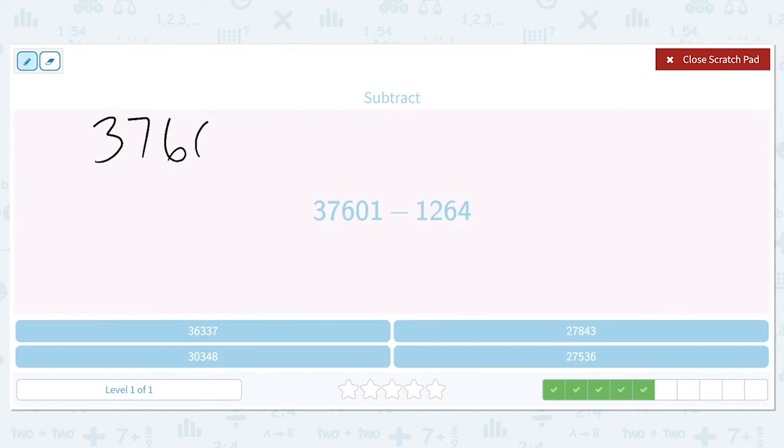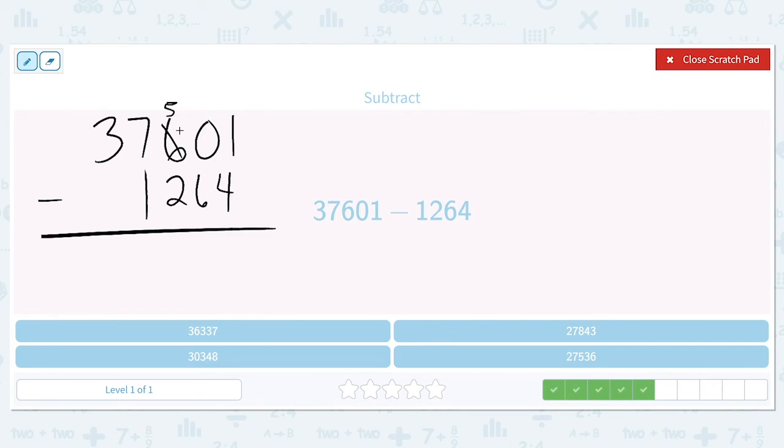37,601 minus 1,264. Now, we can't do 1 minus 4 when we also can't borrow from a 0. So we're going to borrow from the 6, which makes this a 10.